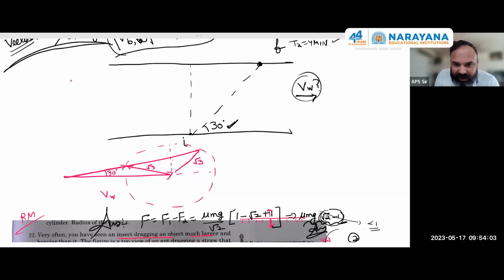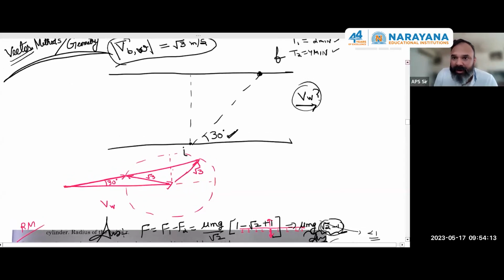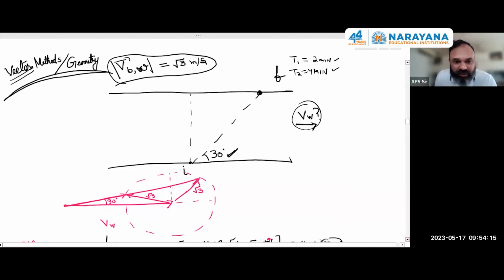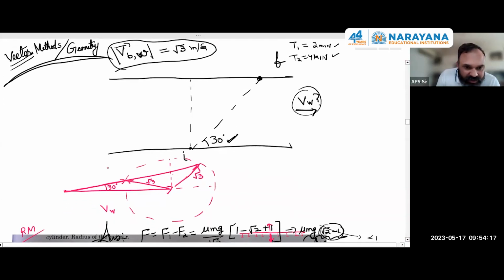Now he jumps in this direction, and the resultant is this. Not only this, I also know one more thing, that the second time he took less time, I mean half the time, that means the velocity is twice. So basically, if this side is V in length, then the long one is of length 2V.